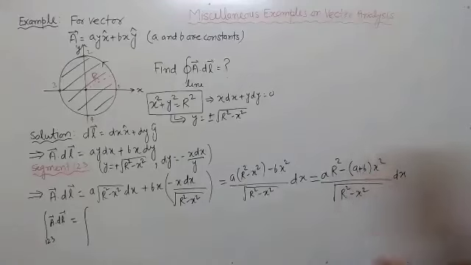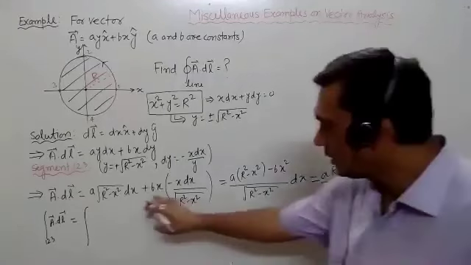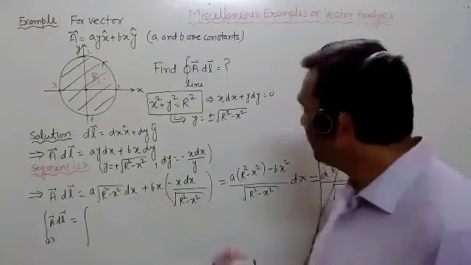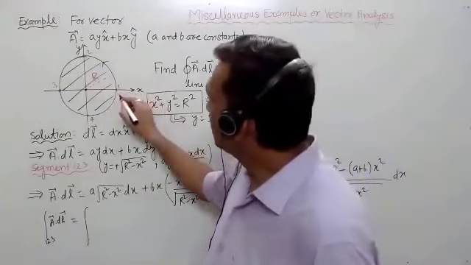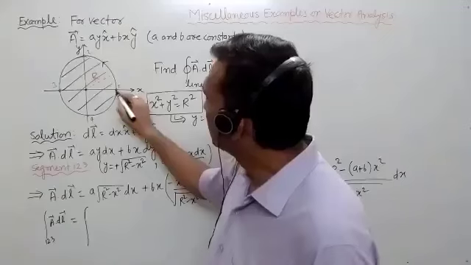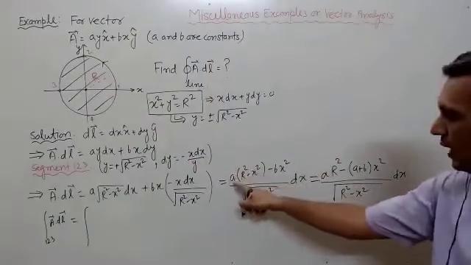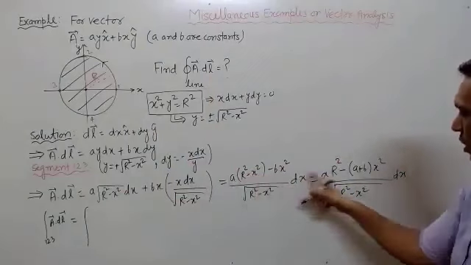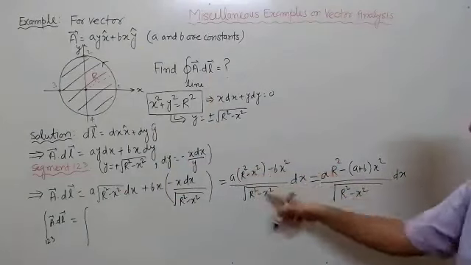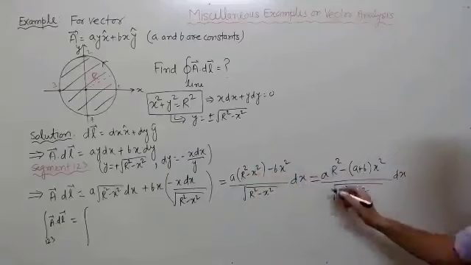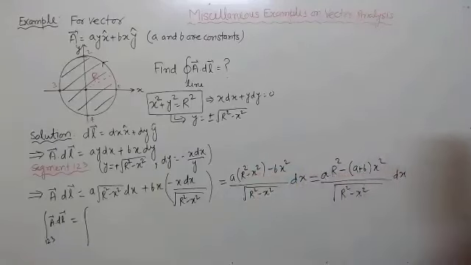You can write it in this form. I have rearranged it in this form: this is a r square, take minus x square common, and you will get a plus b. So this is the final expression of A dot dl in terms of x only. So you have to integrate these two terms.